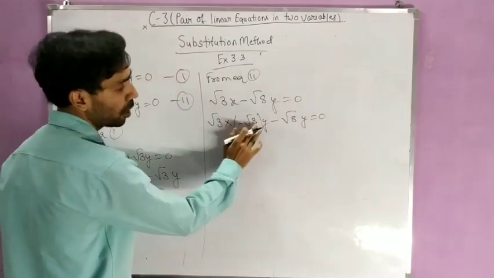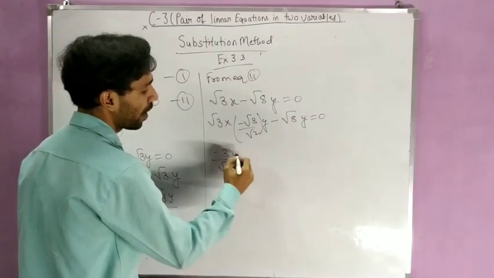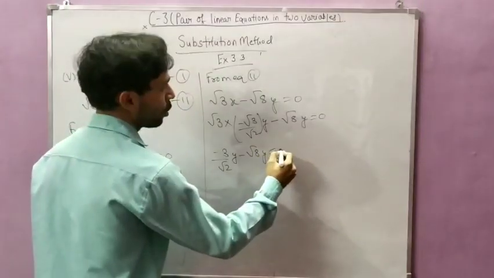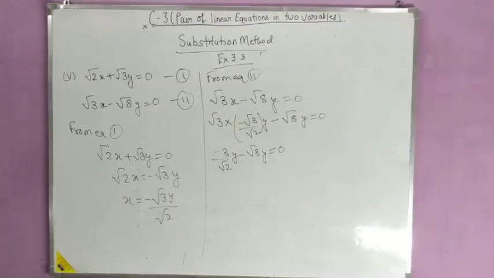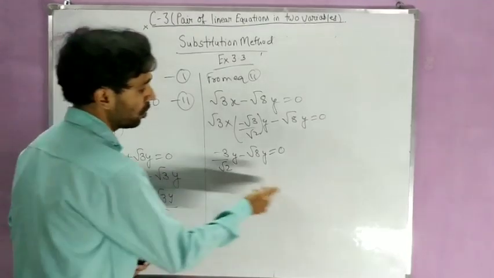Now root 3 into root 3 is 3, so minus 3 upon root 2 y minus root 8y equal to 0. So after putting the value of x in equation number 2, we got this line.